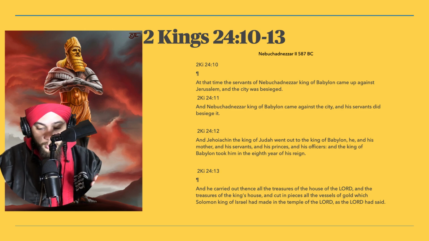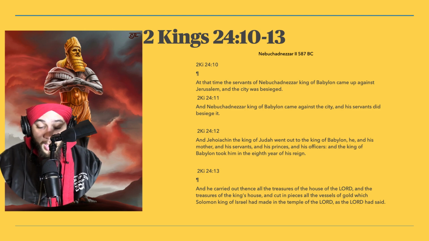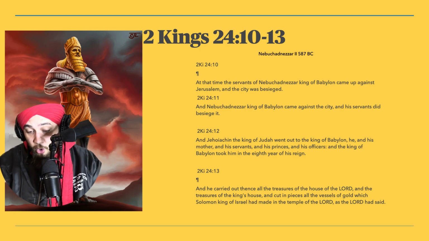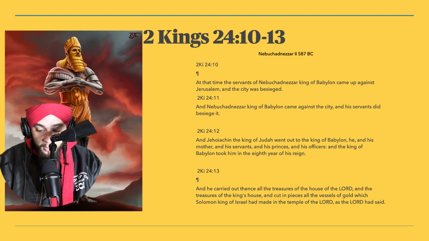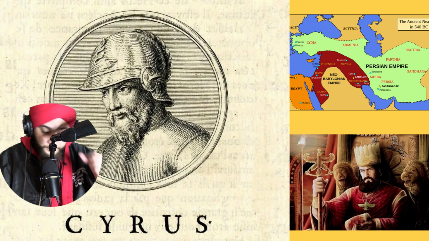The menorah, showbread, a table of showbread, brazen, everything, and defiled the temple and destroyed it. Destroyed what Solomon built. This is very important. Destroyed what Solomon built. I've touched on what Solomon built in previous breakdowns. Okay, so now let's go to the next slide.